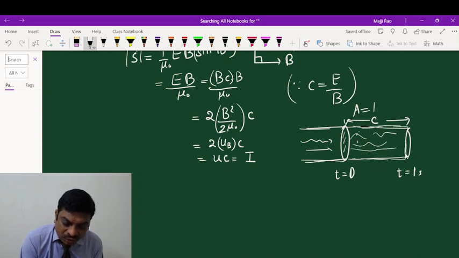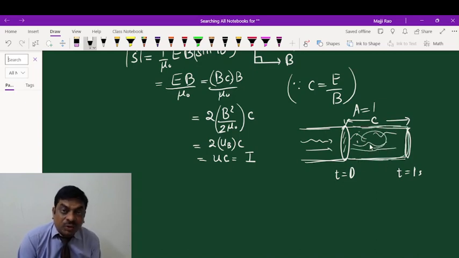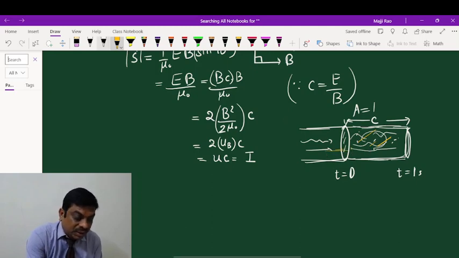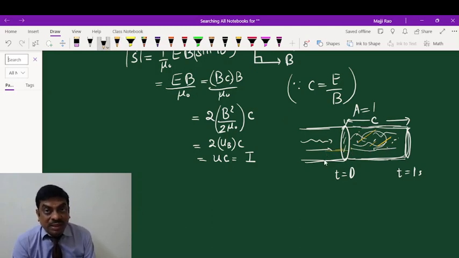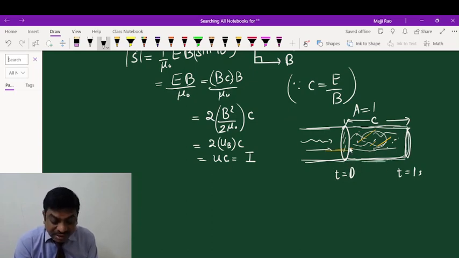That means now you have electric field and magnetic field here. In other words, this volume is now full of electromagnetic wave, and hence it has energy, and the entire energy in this region came from this side. That should be equal to intensity, because the energy contained in this is actually the energy crossing this area per unit time and per unit area.